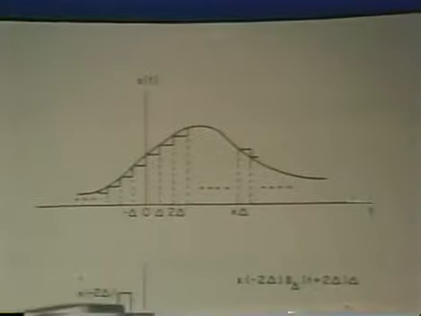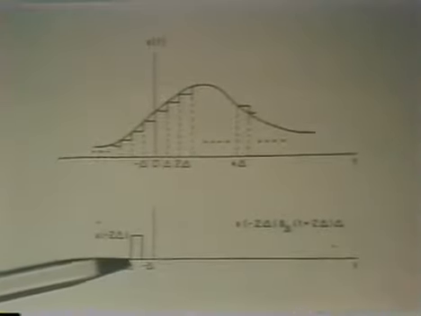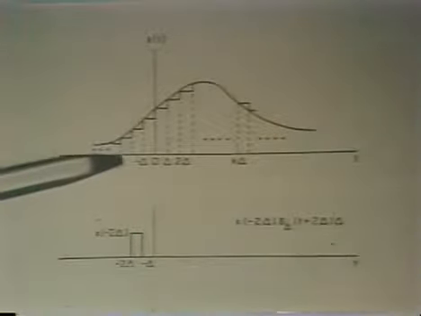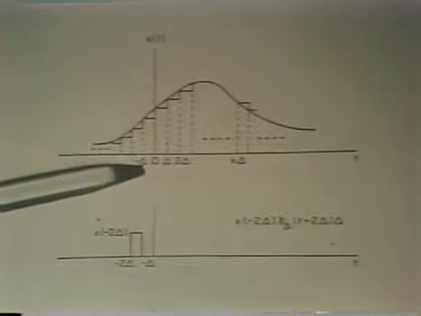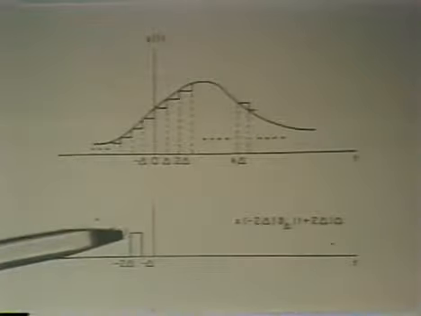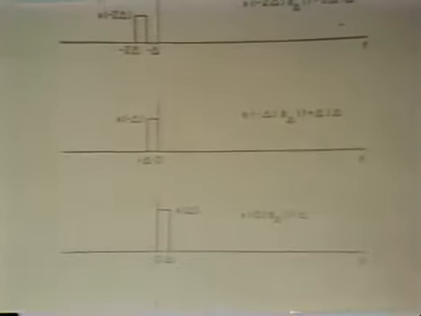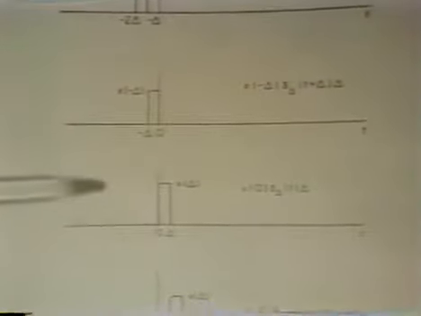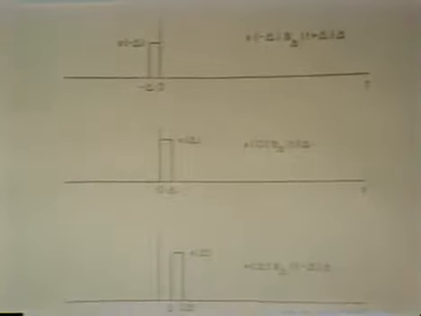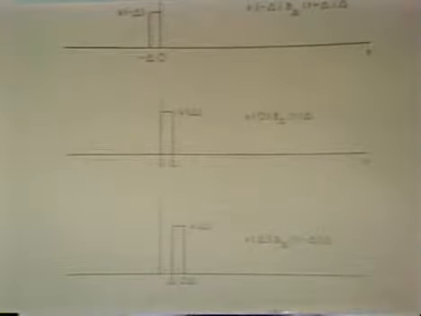And so I've indicated that down below. Here, for example, is the rectangle between t equals minus 2 delta and t equals minus delta. Here's the one from minus delta to 0. And as we continue on down, we get rectangles from successive parts of the waveform.